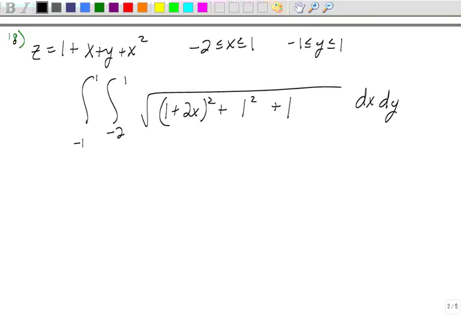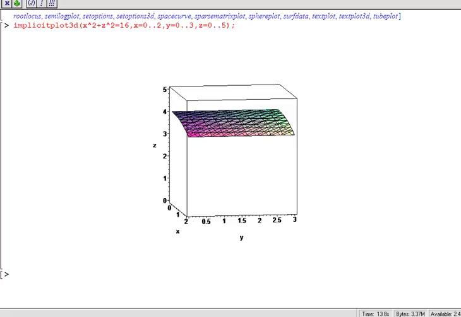Okay, now we're going to use Maple to do that. We're going to do the integration with respect to x first.